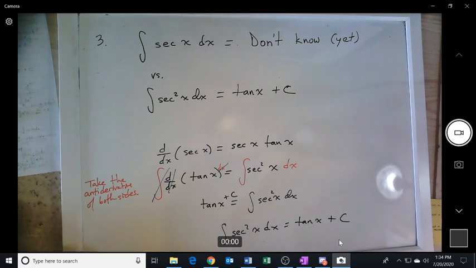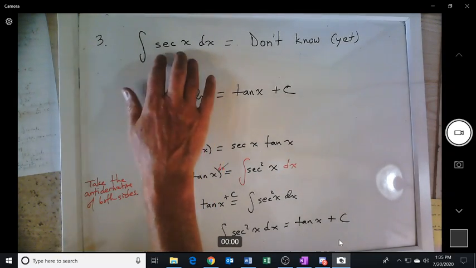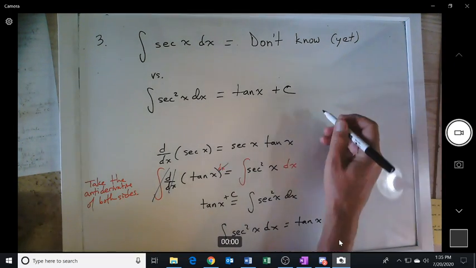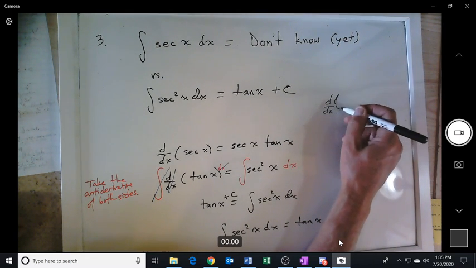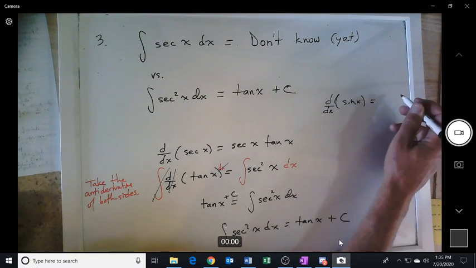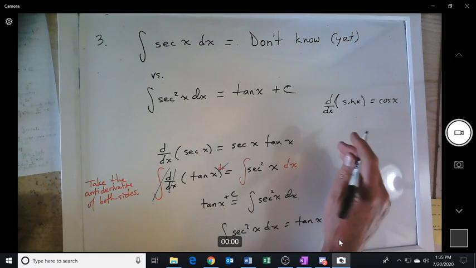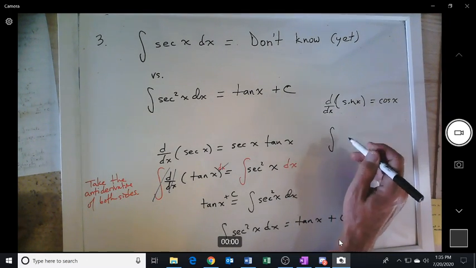So I can take the antiderivative of sine and cosine and secant squared, but I can't take the antiderivative of secant because it was never the output of a derivative rule. And what becomes interesting too is, remember when you take the derivative, d dx of sine x, you get cosine x. And if you take the derivative of cosine, you get negative sine. Well, it all works in reverse.